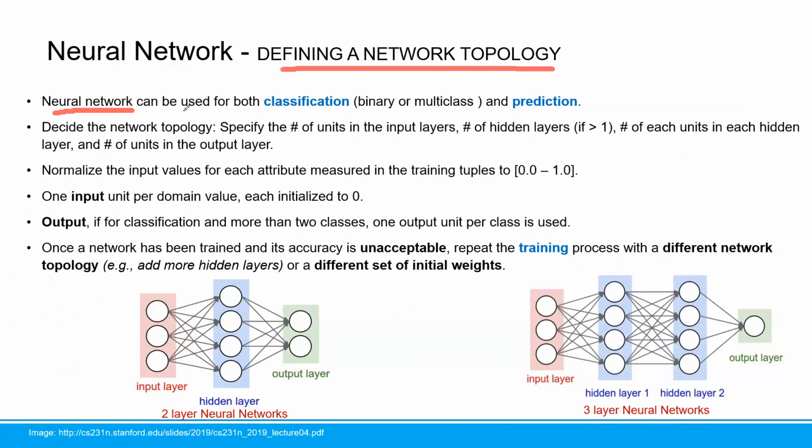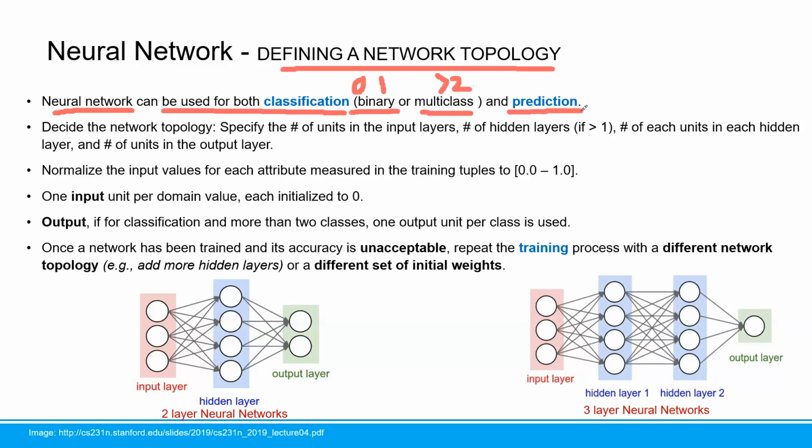We can use the neural network for classification, and the classification can be binary. Binary means it is yes or no, or only two, 0, 1. Or multi-class. Multi-class means it can be more than 2 classes.